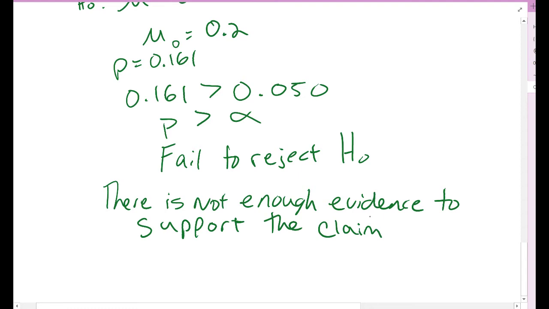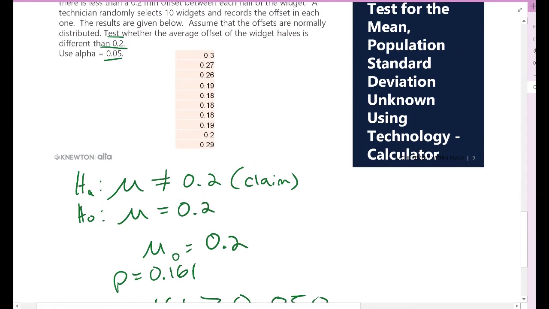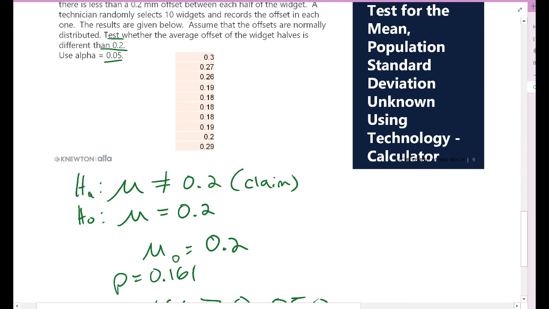So this means there is not enough evidence to say that the mean offset is different than 0.2 millimeters. So in closing, the t-test is the scenario whenever you do not know the population standard deviation. Catch you in the next video.